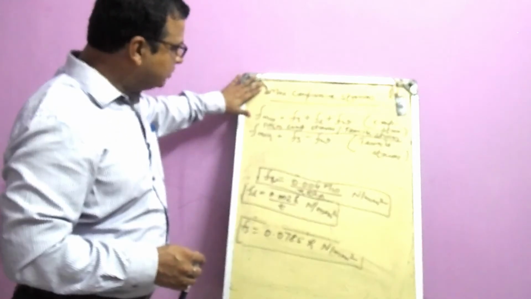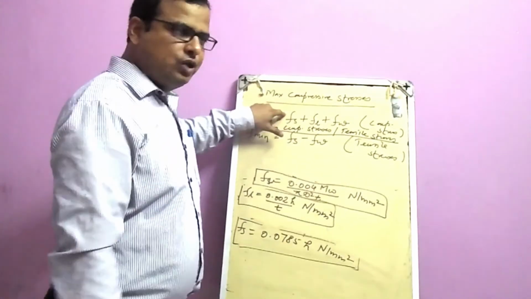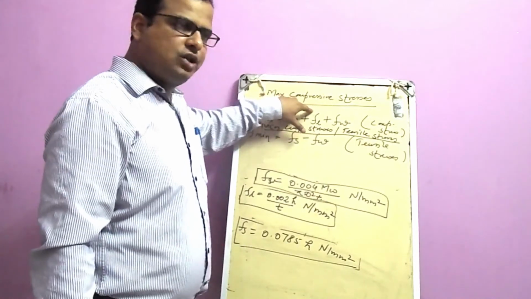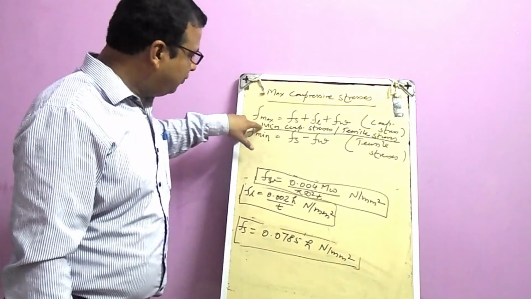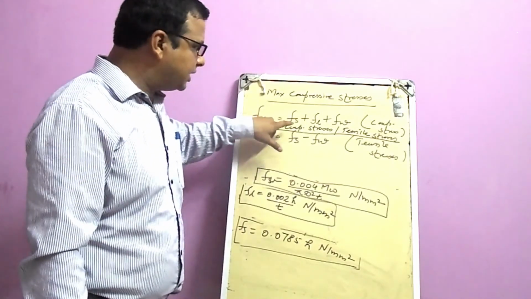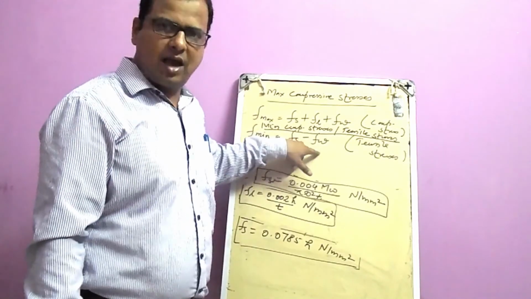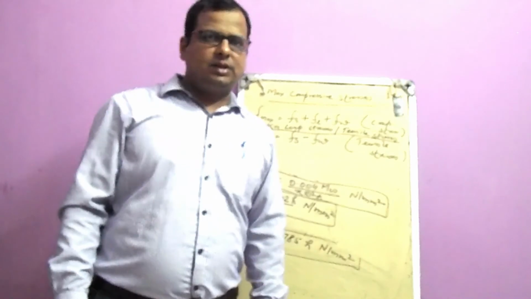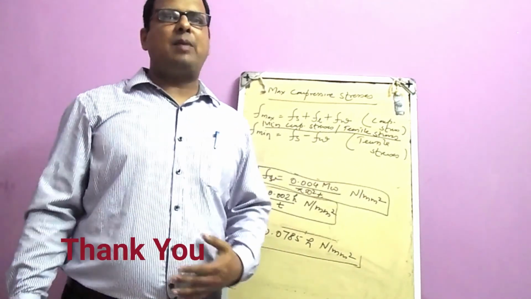The maximum compressive stress is Fs, stresses due to self weight, then the stresses due to weight of lining, then stresses due to the wind force. And if we want to find the minimum compressive stresses or tensile stresses, then F minimum will be Fs minus Fw. So dear friends, this is all about the steel chimney. In the next video we will discuss the masonry chimney.